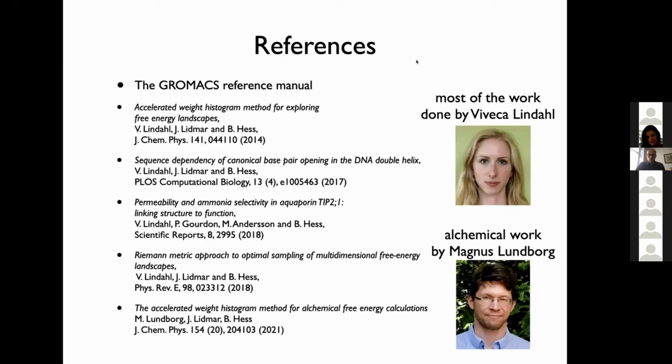And recently, Magnus Lundborg adapted it to work for alchemical transformations. So that's been included in the latest GROMACS release. Here you can find all the scientific details, the details on the methods and all the formulas, which I will not show much of in this talk since the time is too short.